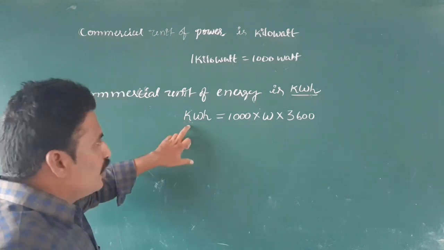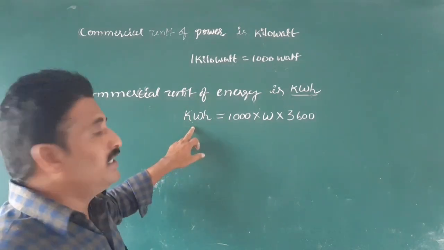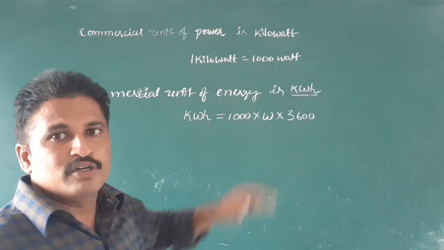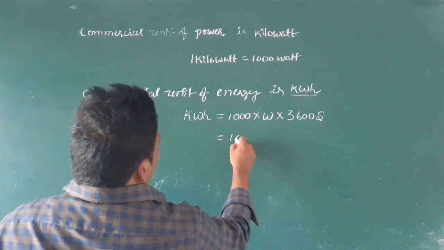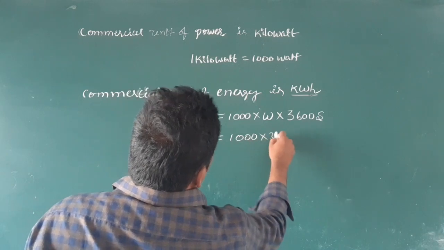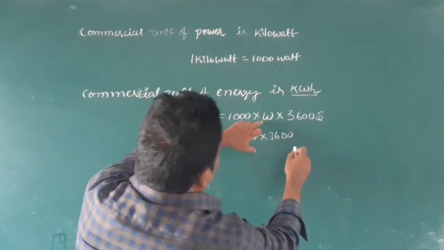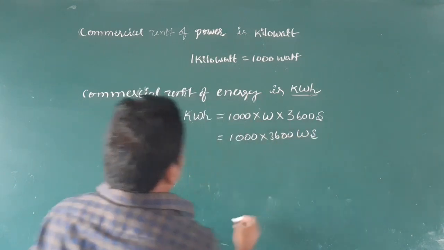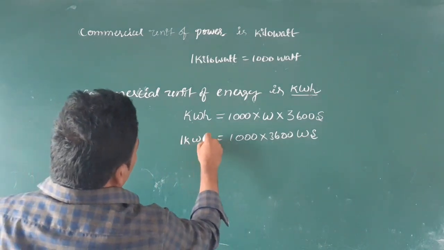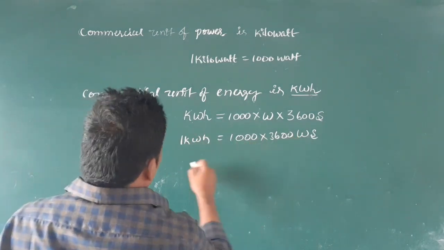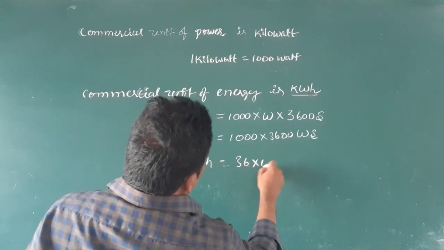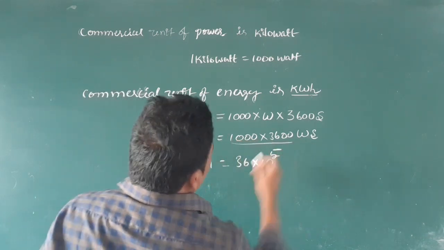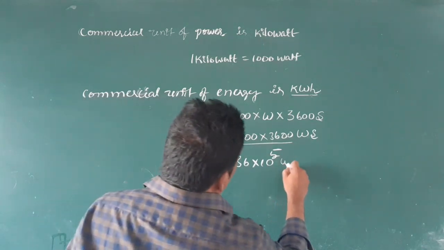Students, here I am going to tell you the relation between the kilowatt hour and the joule. 1000 into 3600, here watt into seconds, watt seconds. 1 kilowatt hour is equal to 36 into 10 power 5, in the simplest form, watt second.